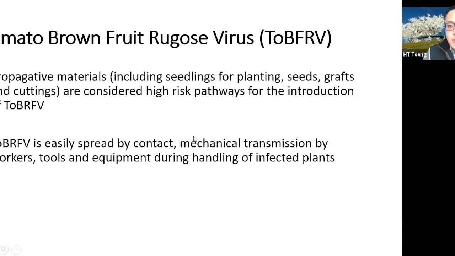So currently, we are putting a lot of emphasis on greenhouse production of tomato and peppers. Not just your entire process that's in the greenhouse, but even if you have a field grown operation, sometimes you start the plant material in the greenhouse. That process is also a high risk pathway for this disease.